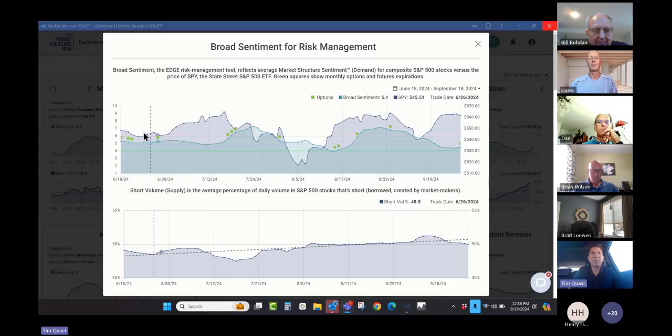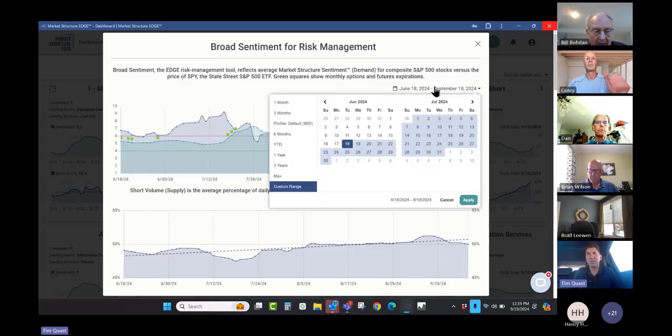The gray part is the price of SPY, and it will default to roughly a 90 trading day view. I could be wrong about that. Certainly you can change it. You just drop this down, and we have the profiler default, which is 90 days. So maybe this is a 60-day view. I haven't counted it, I just use it all the time.